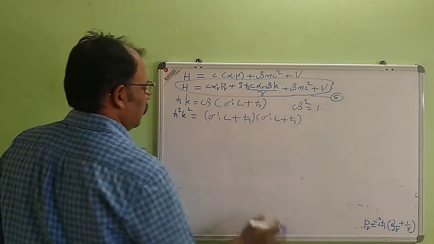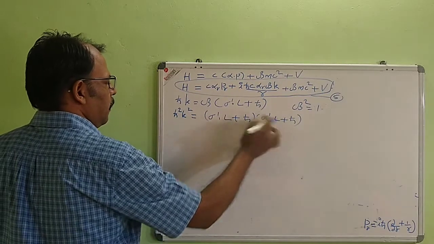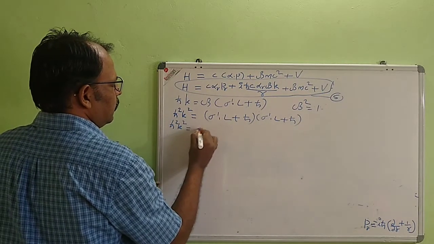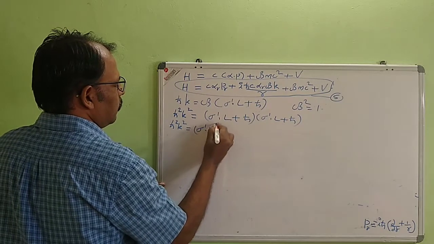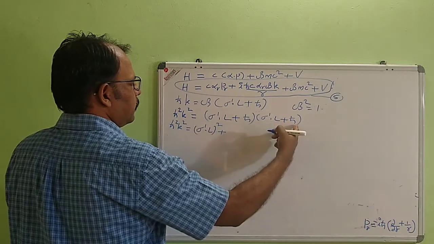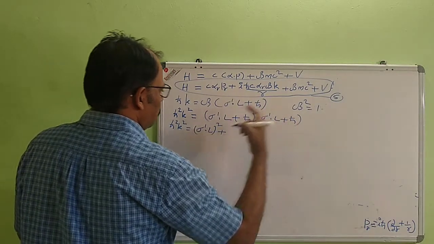So h bar square K square equal to sigma prime dot L the whole square plus sigma prime dot L into h bar plus h bar into sigma prime dot L.